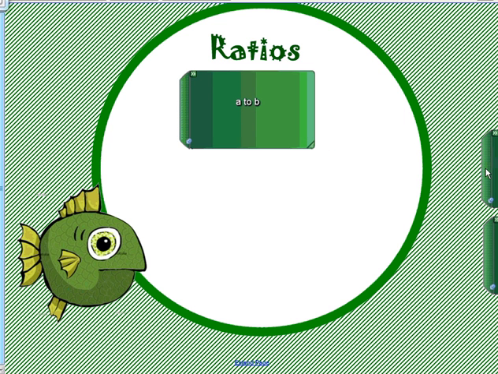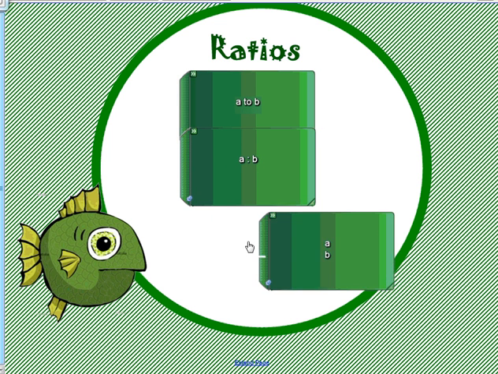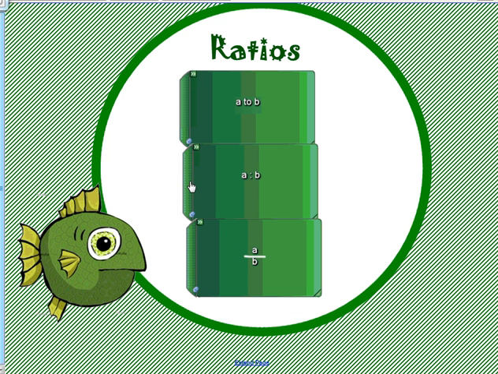You can write them as A to B, A colon B, or A over B. For example, if I'm comparing how many boys to girls there are in the class, and I want to say there are 10 boys to 7 girls, that would be a ratio.